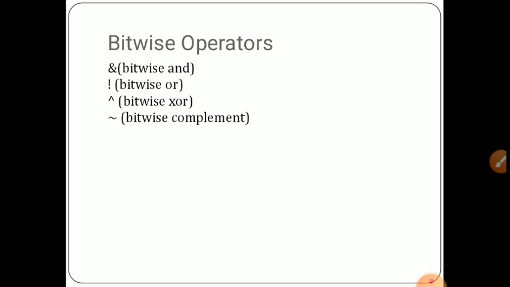So first, the bitwise AND operator. Previously I explained the truth table. What's happening there? If both values are true, it will return true, like that. So the bitwise operators are AND, OR, XOR and complement.